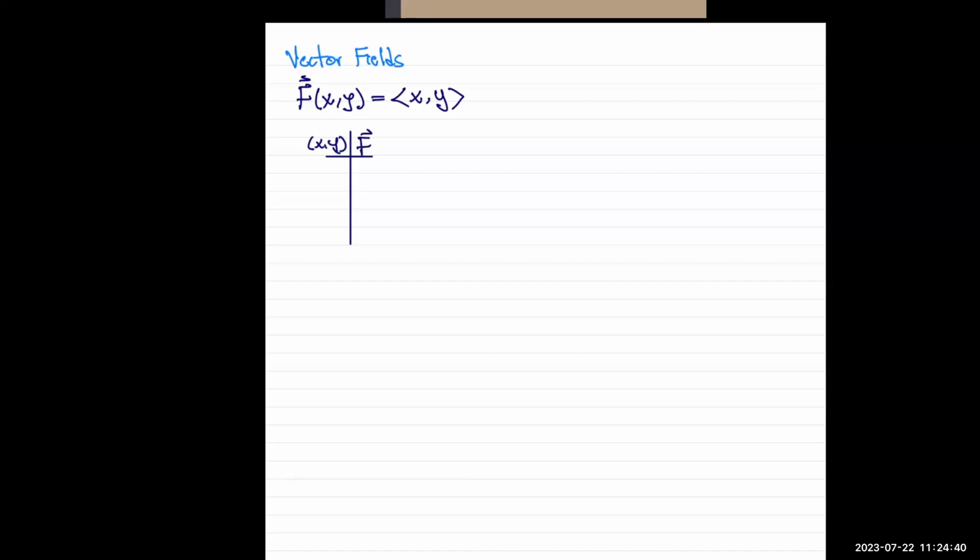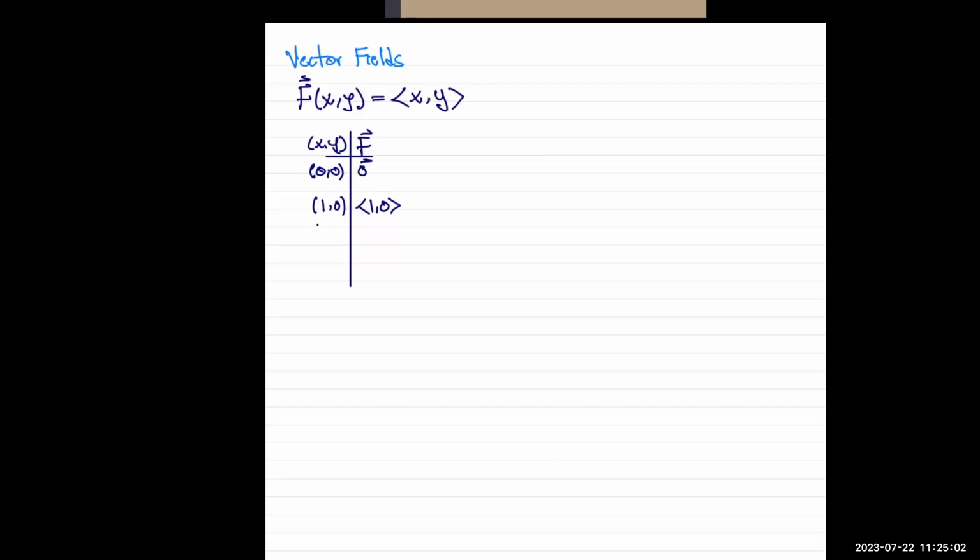Let's say again at 0, 0, we get the vector 0. At 1, 0, we get the vector 1, 0. Basically here, the i hat component of the vector field is the same as x, and the j hat is the same as y.